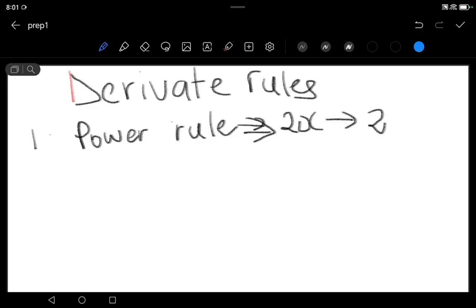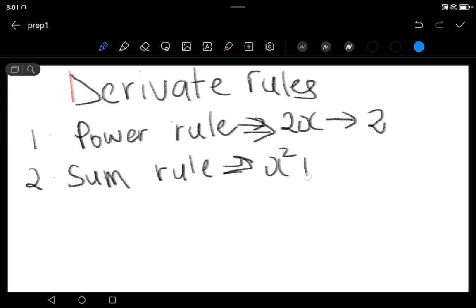Number two, we have the sum rule. Let's say we have x squared plus 3x. When we derivate this, it's going to be 2x plus 3. Derivative of x squared is 2x, derivative of 3x is 3.